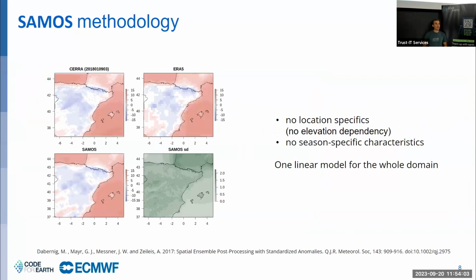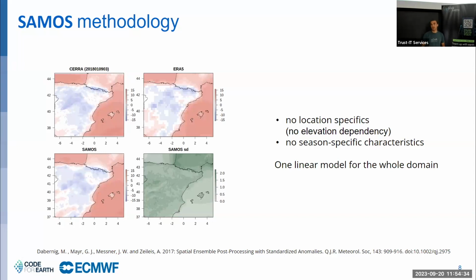So, as I said, we used one statistical model as a kind of baseline model, which is called SAMOS. The idea of these standardized anomalies actually comes from the SAMOS modeling, which is utilizing this technique to remove location specifics beforehand, and especially for temperature, it's also important that we have no elevation specifics included in the data anymore.